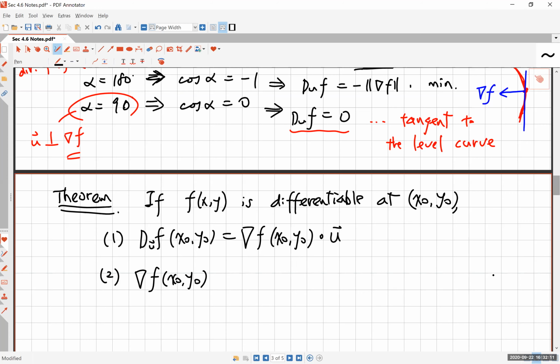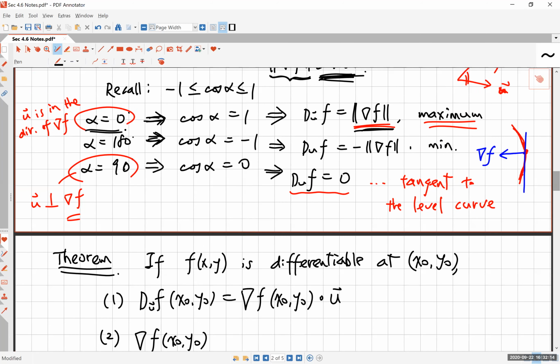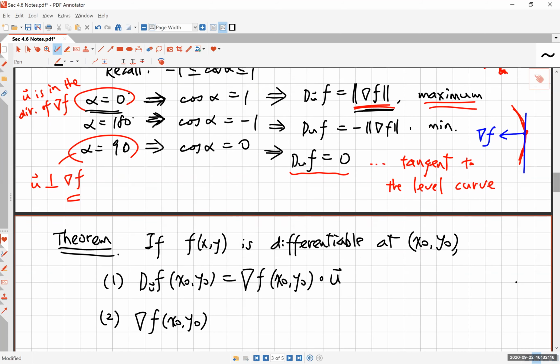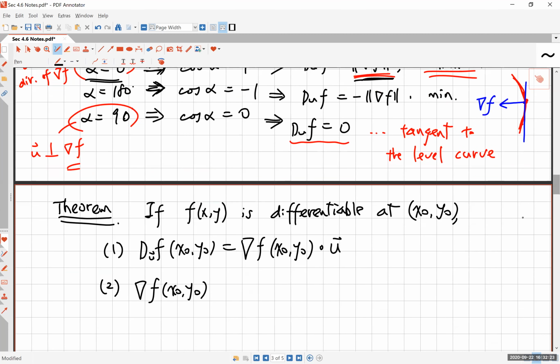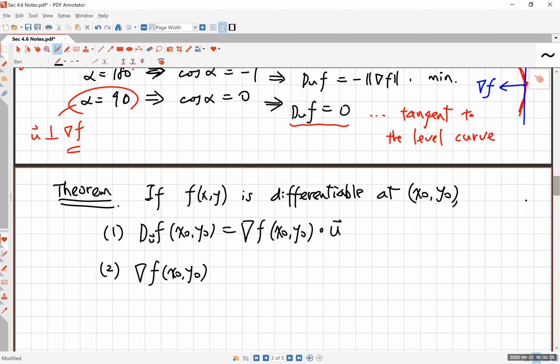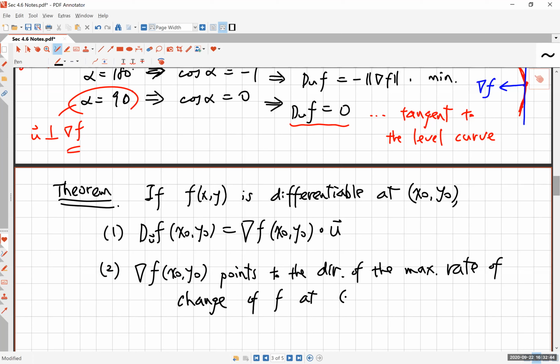So what this is saying is, if you go in the direction of u, and u happens to be in the same direction as the gradient, then the directional derivative is maximum. So this points to the direction of the maximum rate of change of f at that point. Did you get that?